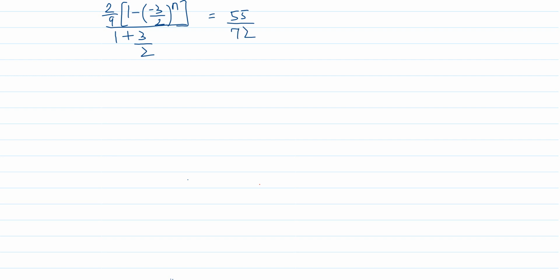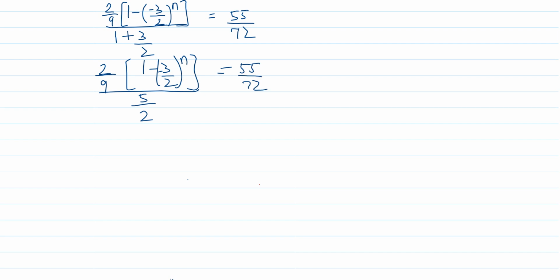Okay, so this is 2 upon 9. So we'll continue writing the same thing again and again. So when I take the LCM, it will be 5 upon 2, which is equal to 55 by 72. Now I'll be taking all these constant terms on the right hand side, which will give me 1 minus minus 3 upon 2 the whole raised to n is equal to 55 upon 72 into 5 by 2 into 9 upon 2.